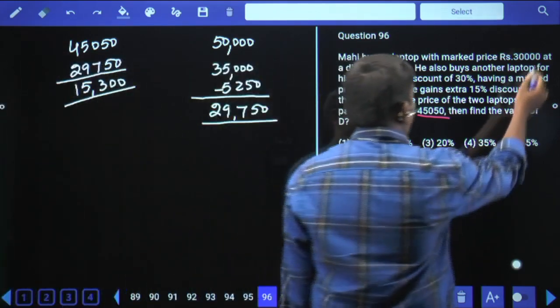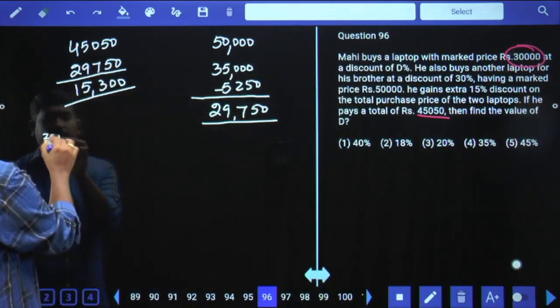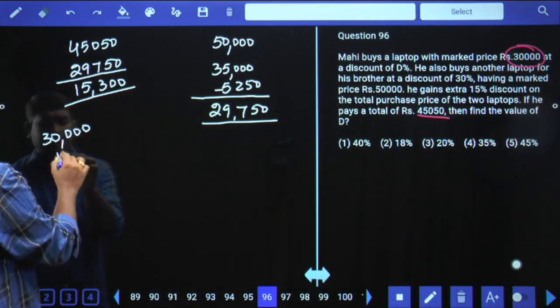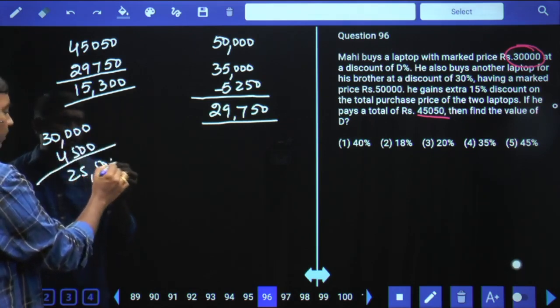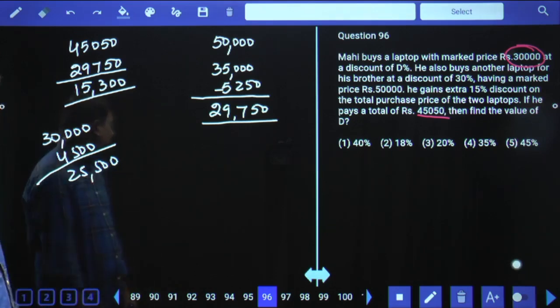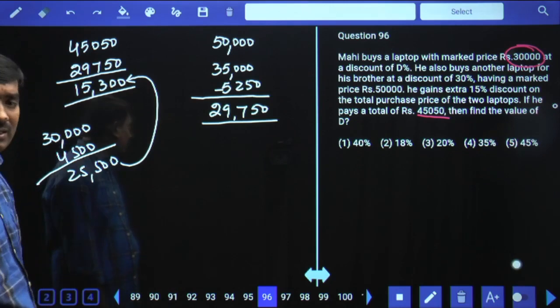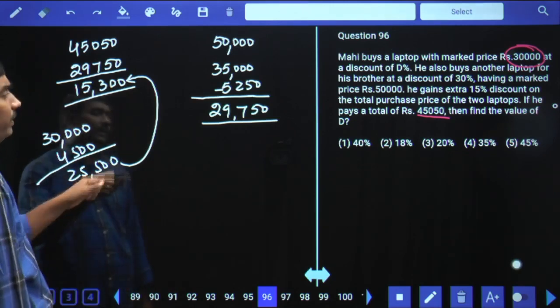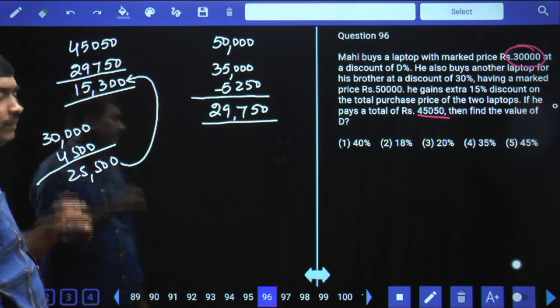And Mahi's laptop price is 30,000. On that 30,000, the 15% extra discount means 4,500 discount is over. So remaining 25,500. On this 25,500, D% discount is given, then finally it became 15,300.